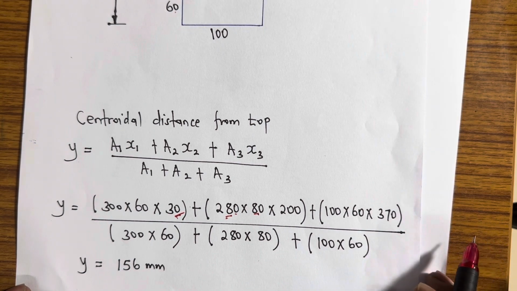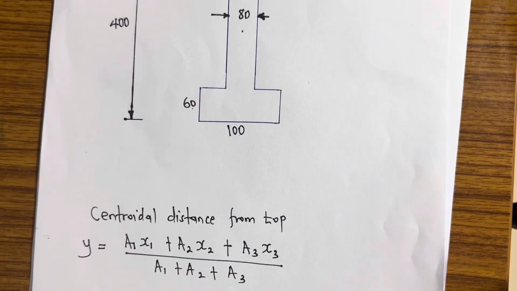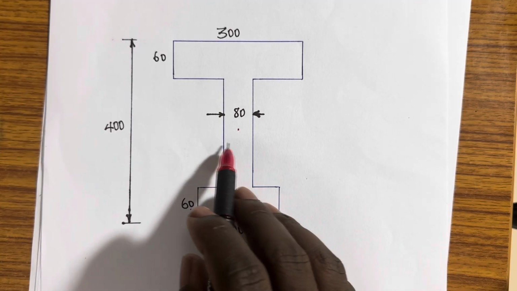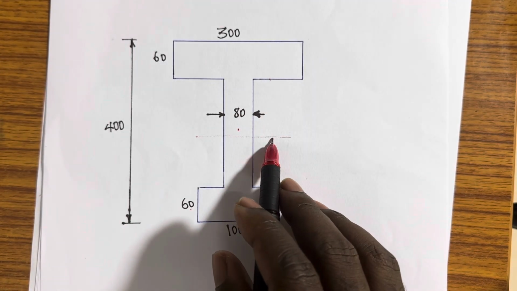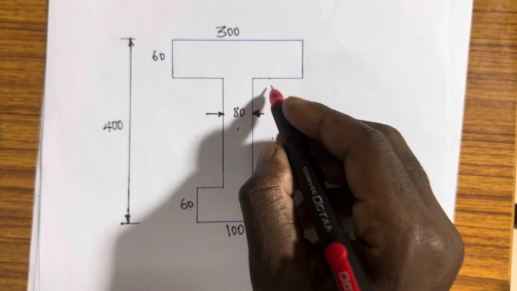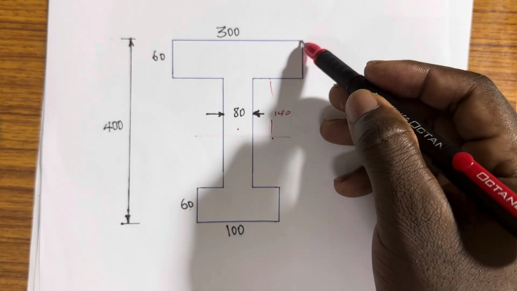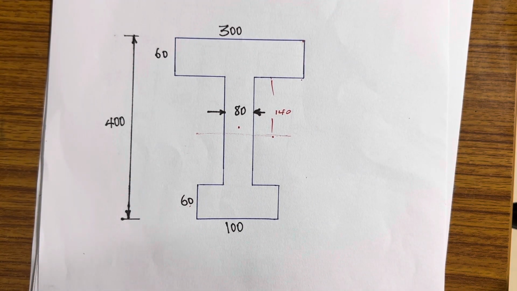Then what about the centroidal distance from the top? If I divide this 280 by 2, it is 140. So that means half of this, from here to here, is 140. If that is the case, 140, then plus this 60, it becomes 200. So that is what we're calling the centroidal distance from the top for the web.